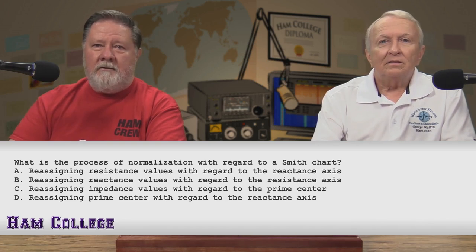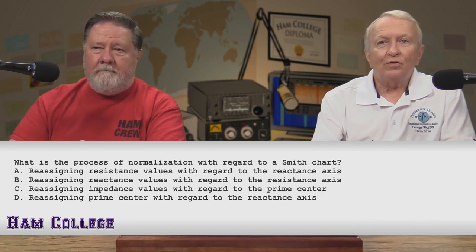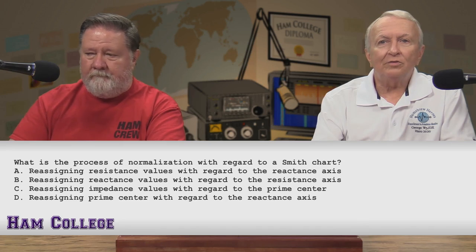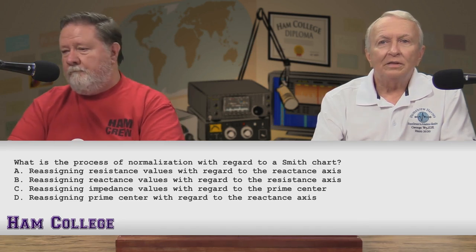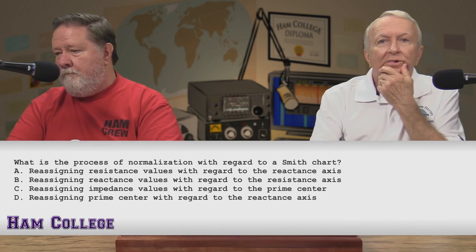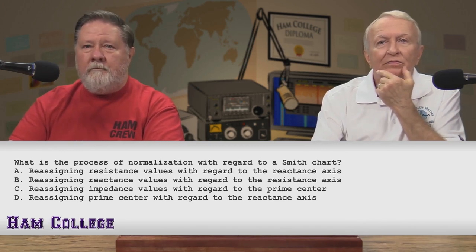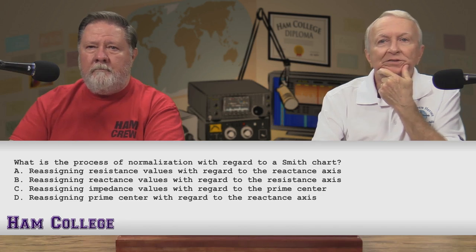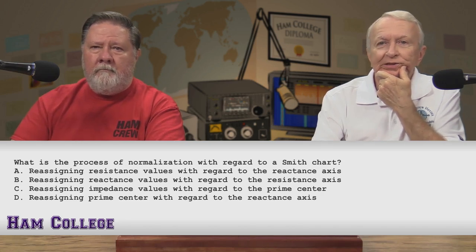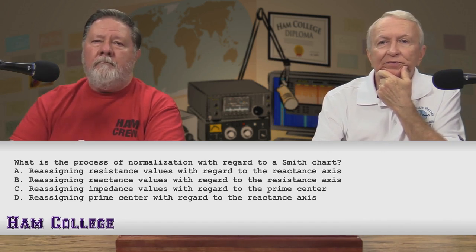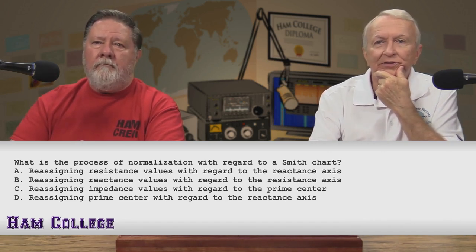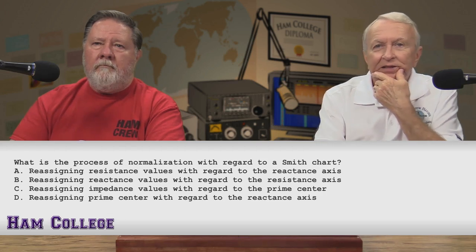What is the process of normalization with regard to a Smith chart? A, reassigning resistance values with regard to the reactance axis. That would make no sense. B, reassigning reactance values with regard to the resistance axis. That wouldn't either.